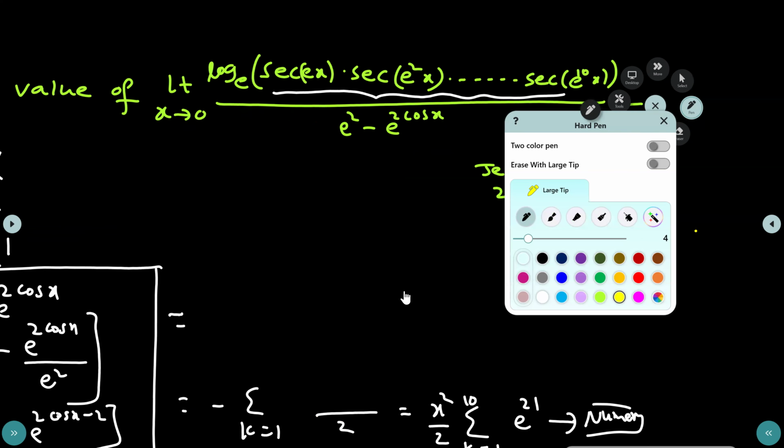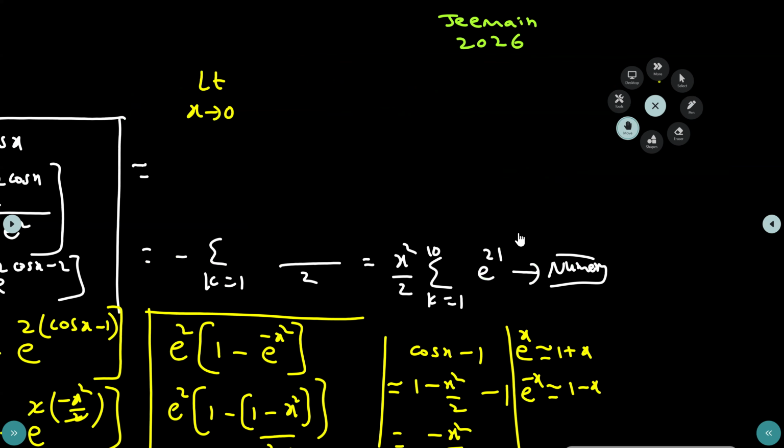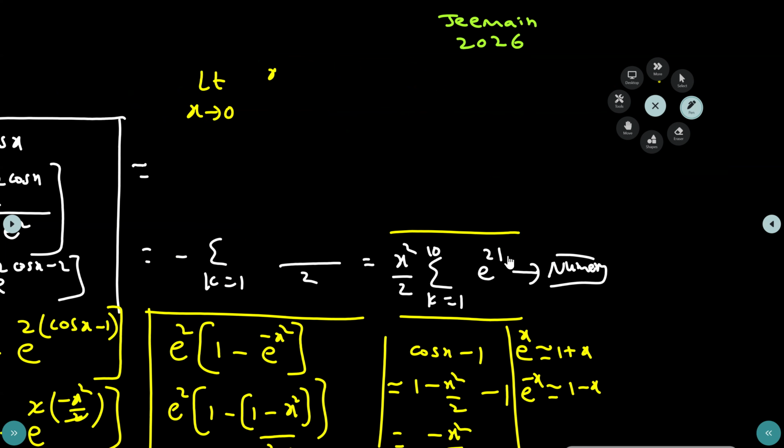Limit x tends to 0. Observe here. What is your numerator? The numerator is x square by 2, sigma k equal to 1 to 10 e to the power 2k. This is the numerator.